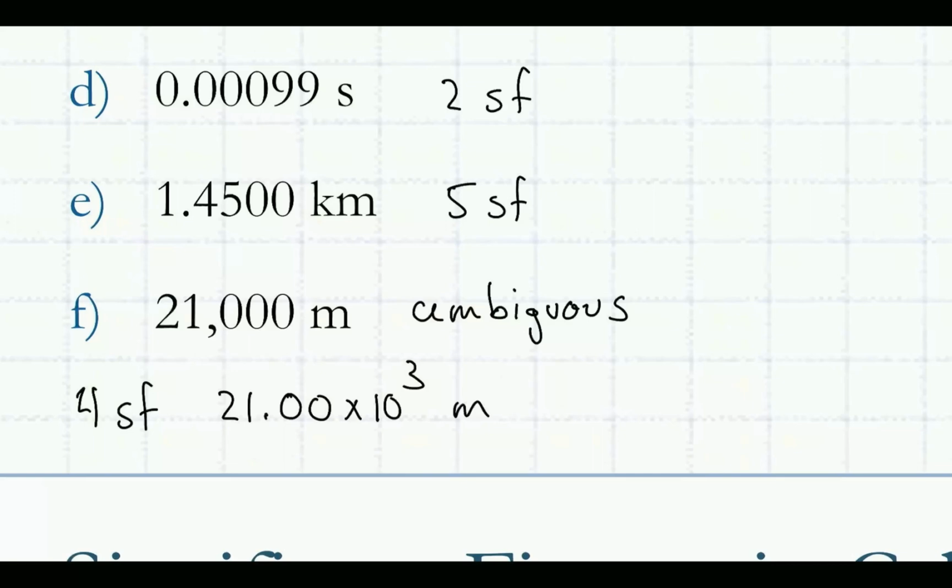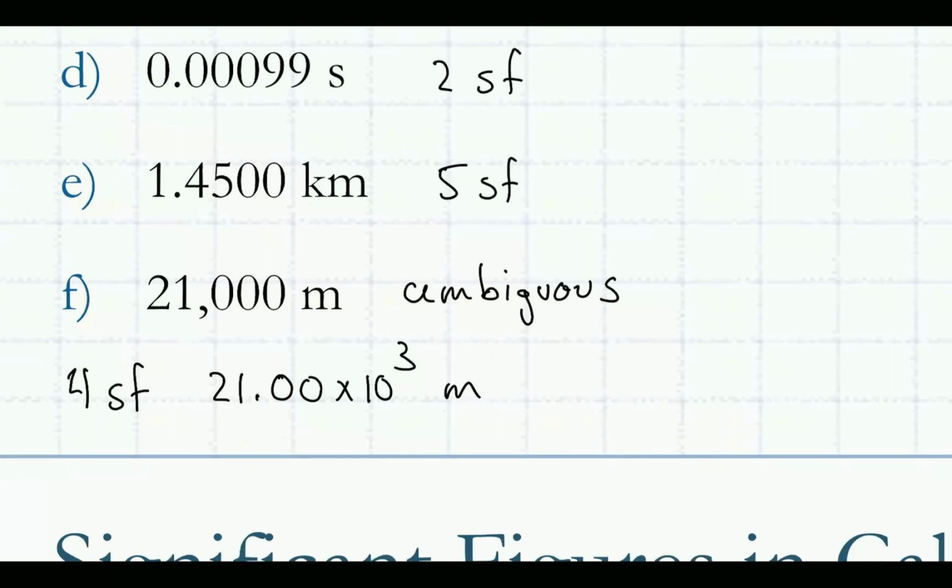Generally, unless you have a specific reason for doing that, you would write it so that whatever portion is in front of the decimal, or actually, somebody on Discord asked about this, and I thought it was a typo, mantissa. No, this is actually the technical term for the part of the number that has the significant figures, or the significant digits. So this 21.00, this is the mantissa.